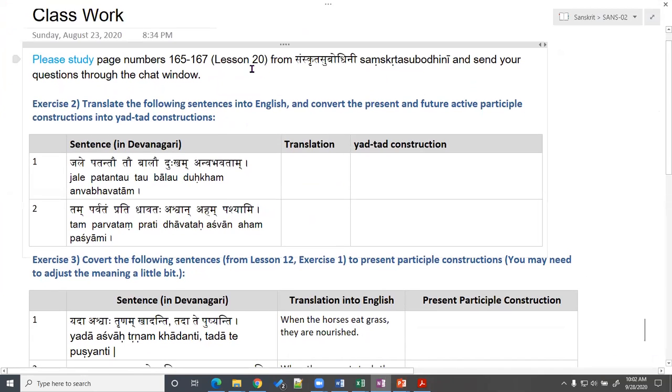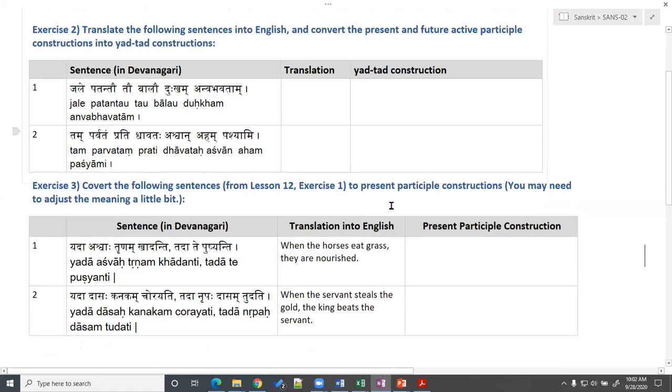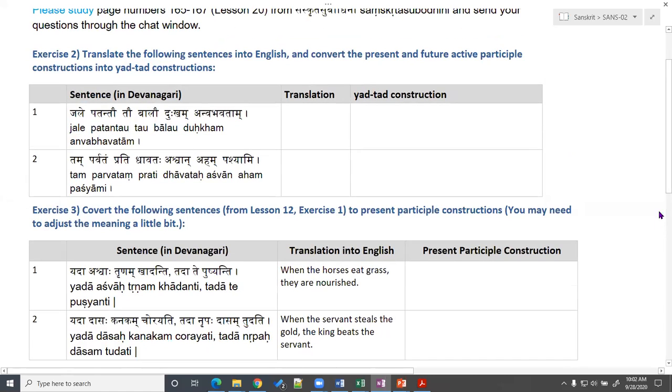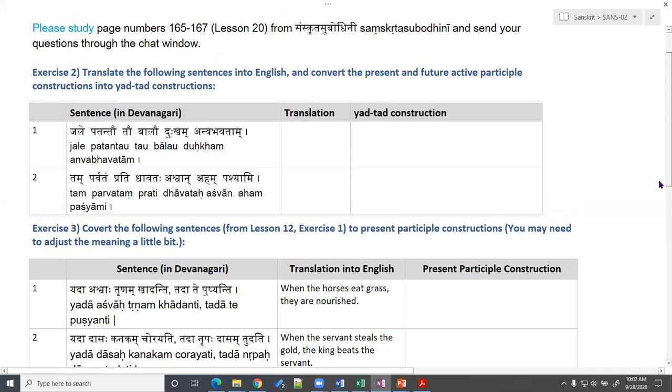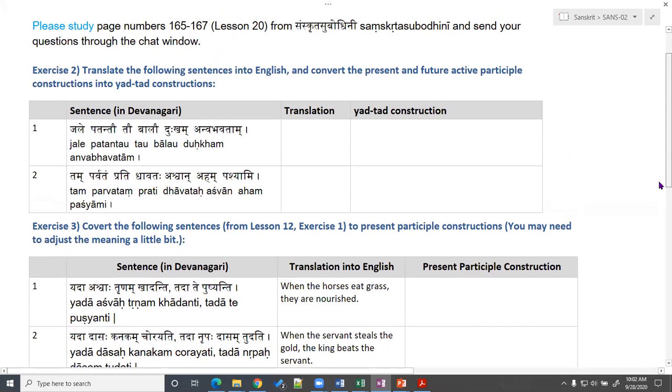So today what we covered is from lesson 20 of Sanskrit Subodhini. You can send your questions through the chat window and you can try to translate these sentences. For the forms of the participle, you can refer to lesson 20, pages 165 and 166 from the book.